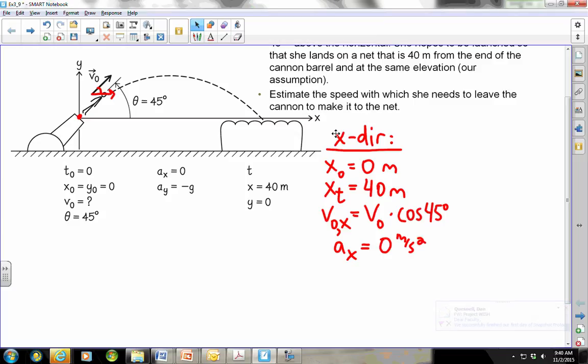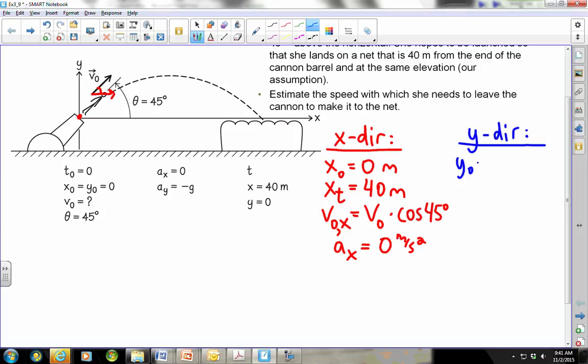Then the y direction. We're going to say that y0 is also 0. Even though the person is clearly above the ground when they begin, because they're going to land at the same elevation, we're going to say that height at time 0 is 0.